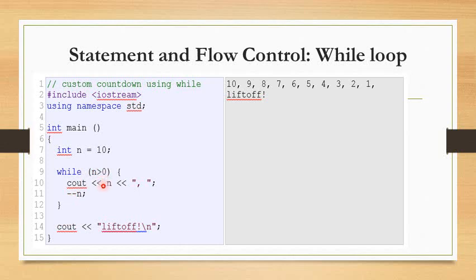Then it continues with what is in the loop. It will print 9, then print a comma. It continues like that until it's printed 1. Then once it decrements, 1 minus 1 is 0. 0 greater than 0, this condition is false. Then it will go out of the loop and print liftoff. That's why after 1 you can see liftoff appearing. Now we get the concept.